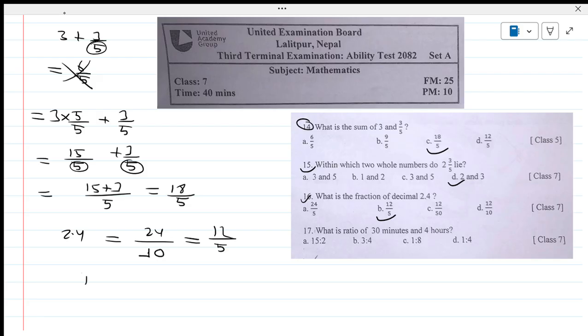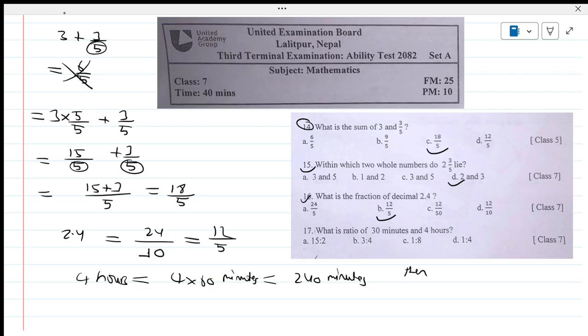So let's see, 4 hours converting into minutes. We already know that 1 hour consists of 60 minutes, so 4 hours will be 4 into 60 minutes, so it's 240 minutes.